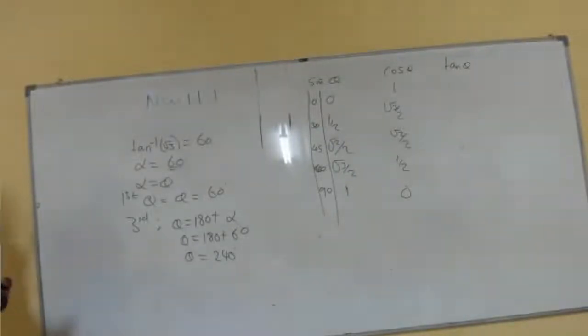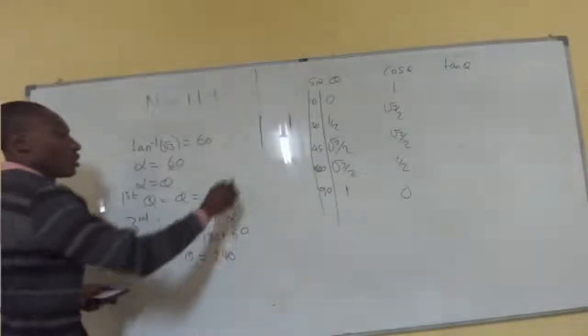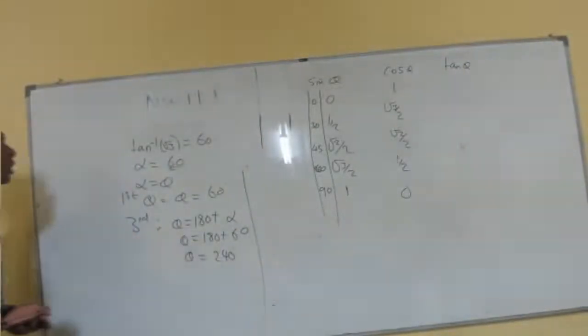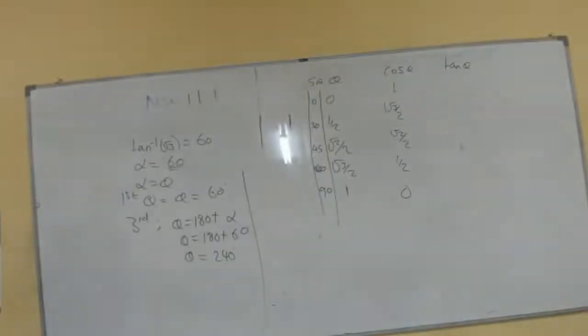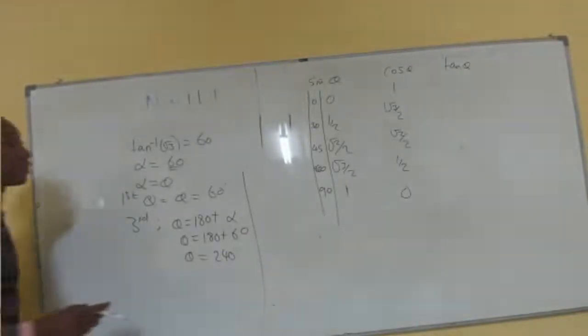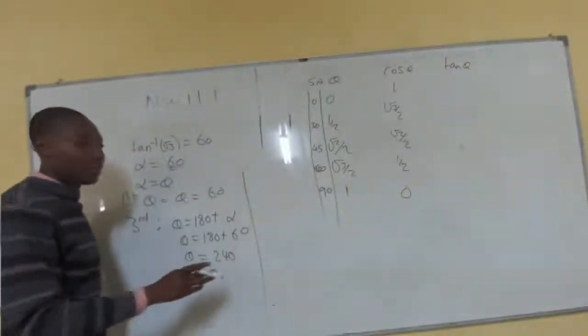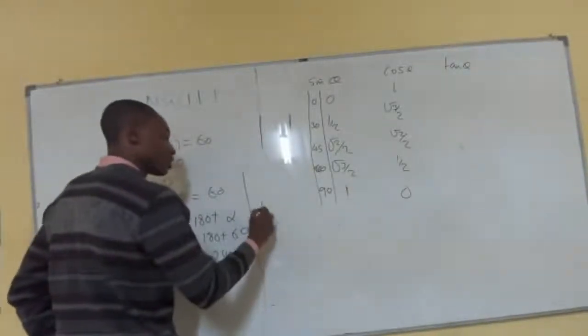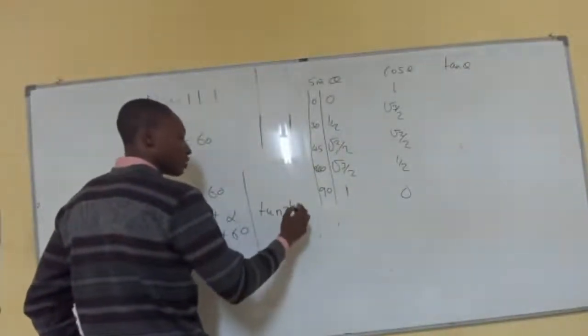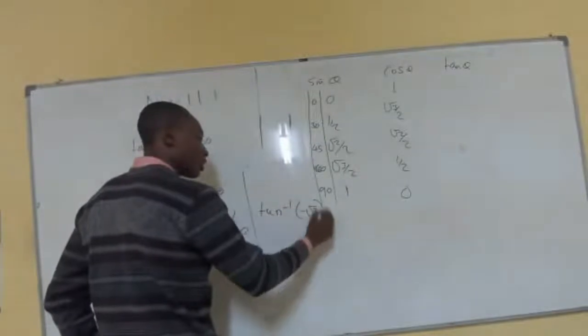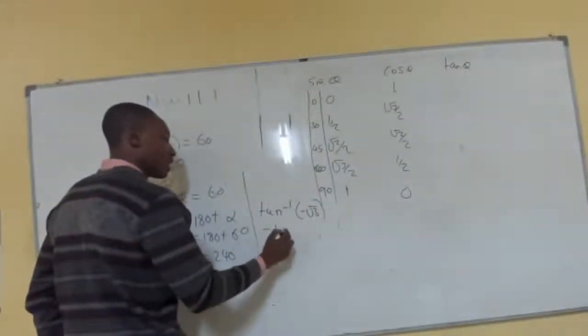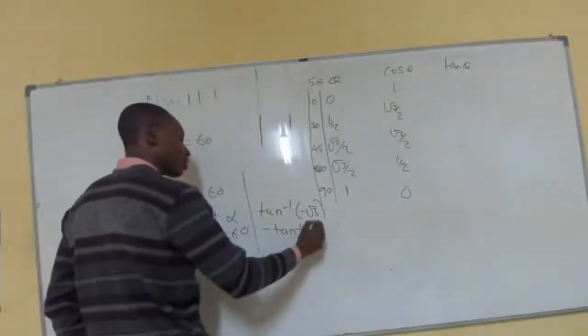Now that we know what we are dealing with, the next part is to look at the other one we found, which was tan inverse of negative root 3, which is negative tan inverse of root 3.